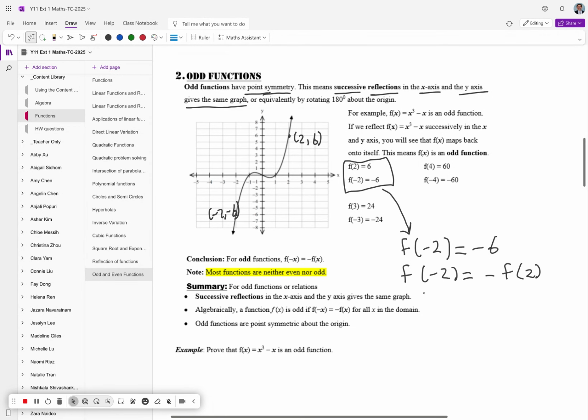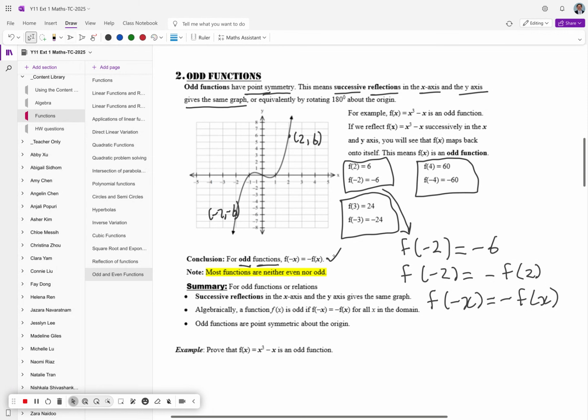Yep. So from that pair, I could conclude that f of minus x is equal to minus f of x, or vice versa. And if you look at another pair, you'll be able to write down the same conclusion. Okay, looking at those points there. So for odd functions, f of minus x equals minus f of x.